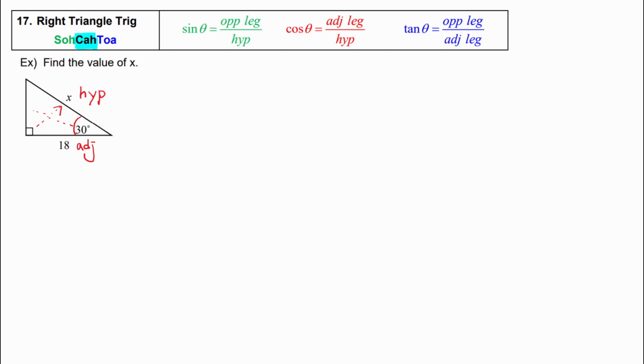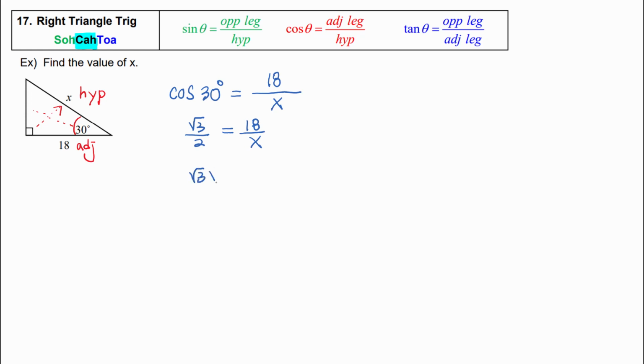So therefore, you can say that cosine of 30 degrees is equal to adjacent 18 over hypotenuse, which is x. Yeah? And then what's cosine of 30 degrees? Cosine of 30 degrees is radical 3 over 2, which is equal to 18 over x. Now you can cross multiply and set them equal.